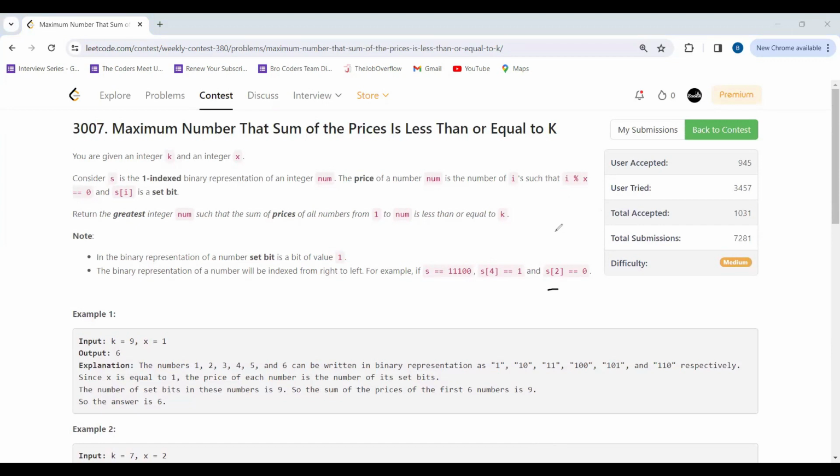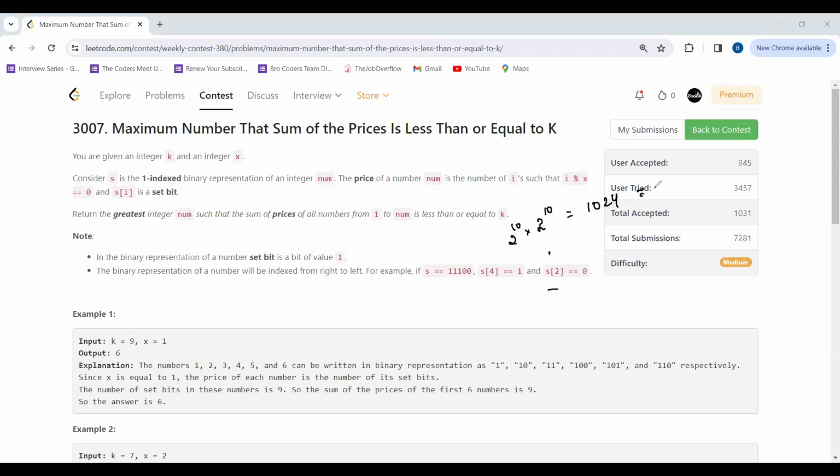Not exactly 15 bits. So here, 2 to the power 10 is equal to what? 1024.